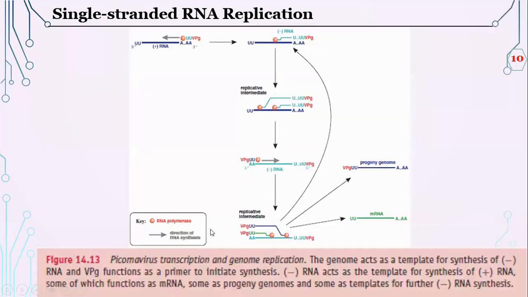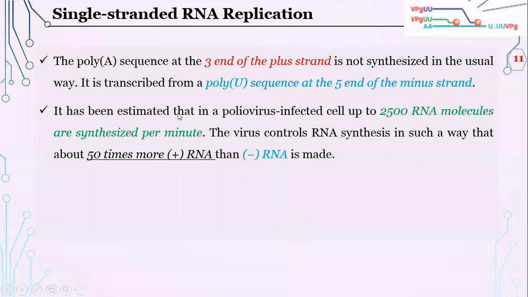So some will be used as progeny genomes, some as messenger RNA, and some to produce the negative sense RNA. And here the 3' end of the genome of the plus strand is synthesized from the poly U sequence of the 5' end of the minus strand, and that's it.